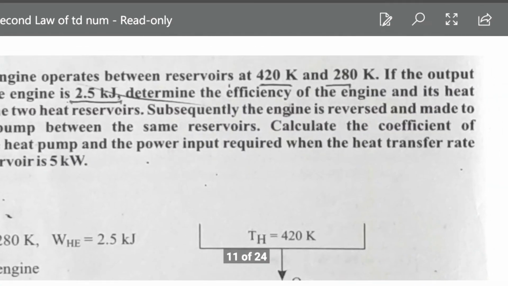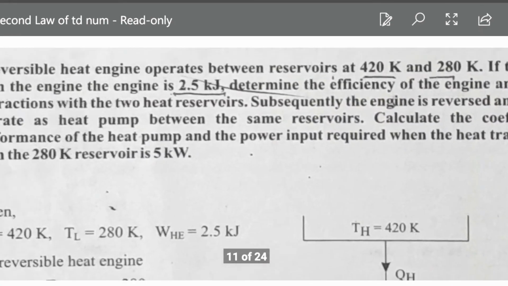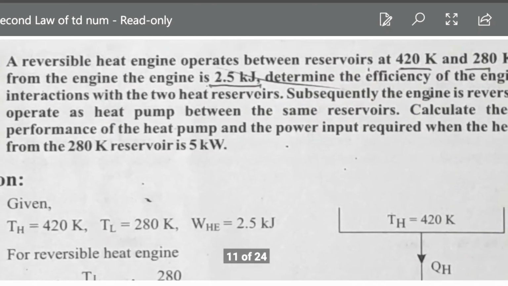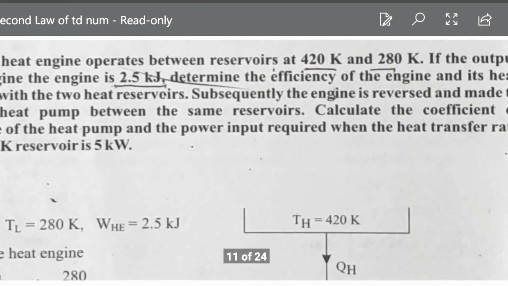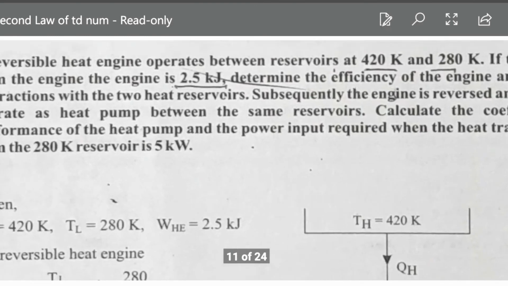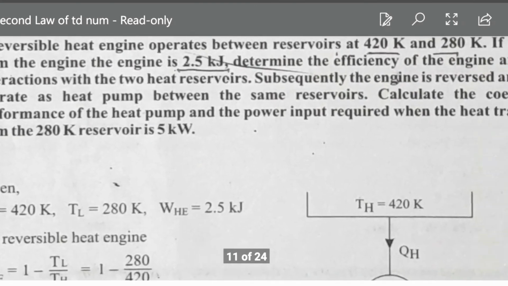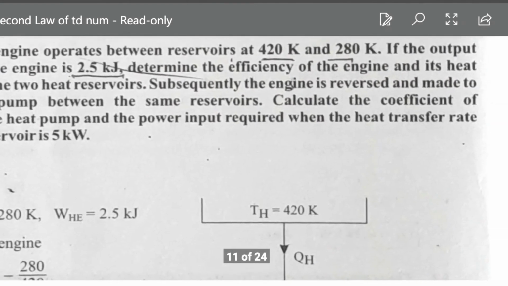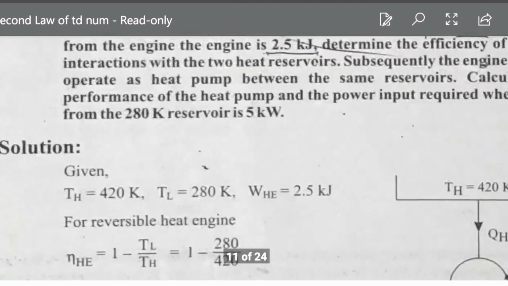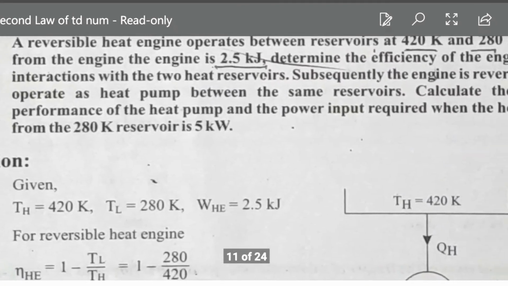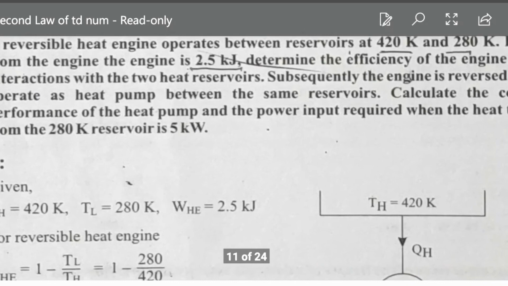Subsequently, the engine is reversed and made to operate as a heat pump between the same reservoirs. Calculate the coefficient of performance of the heat pump and the power input required when the heat transfer rate from the 280 Kelvin reservoir is 5 kilowatt.